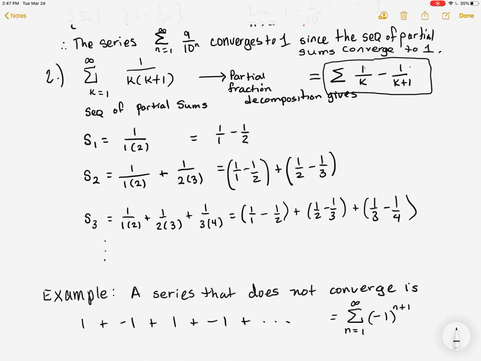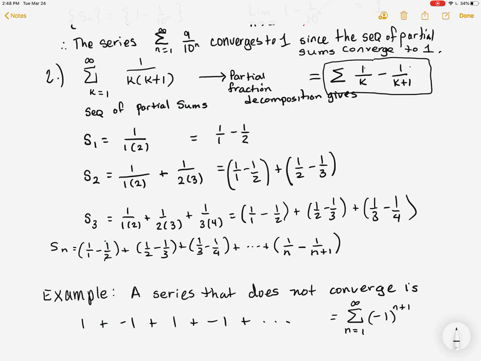Let's write out what Sn is going to look like. Sn will look like 1 over 1 minus 1 over 2 plus 1 over 2 minus 1 over 3 plus 1 over 3 minus 1 over 4. And then out to the nth term, which would have 1 over n minus 1 over n plus 1.